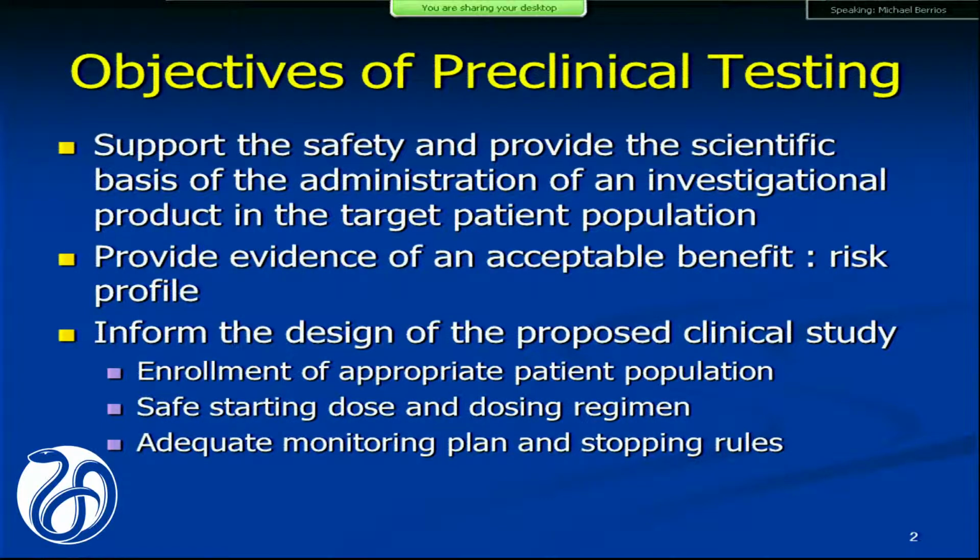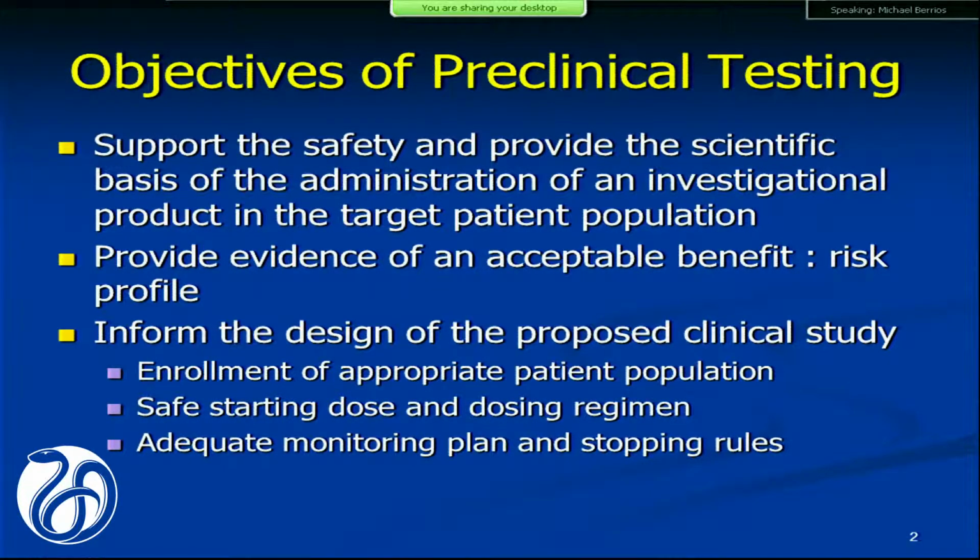The preclinical testing is to support the safety and provide the scientific basis of the administration of investigational product in the target patient population. And preclinical testing is to provide evidence of the acceptable benefit-risk profile. And preclinical testing is to inform the design of the proposed clinical study.